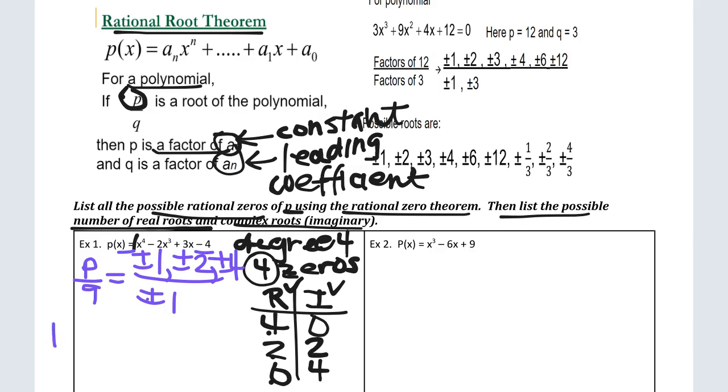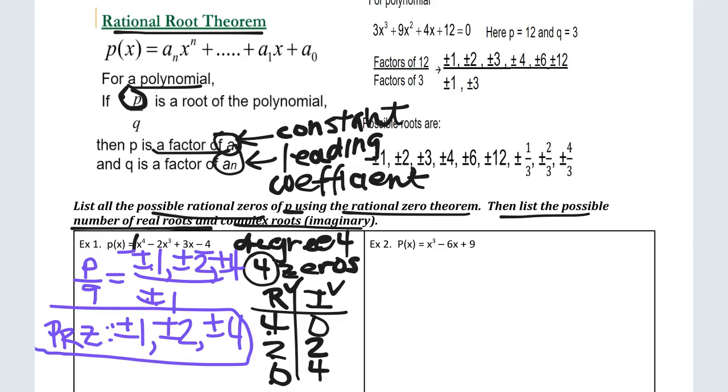So to get our possible rational zeros, we're going to be dividing the factors of p by factors of q. 1 divided by 1 is 1. 2 divided by 1 is 2. 4 divided by 1 is 4. So this is the list of possible rational zeros, and this is determining how many real and imaginary solutions there may be.